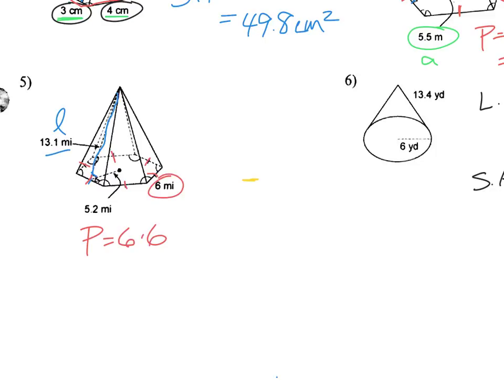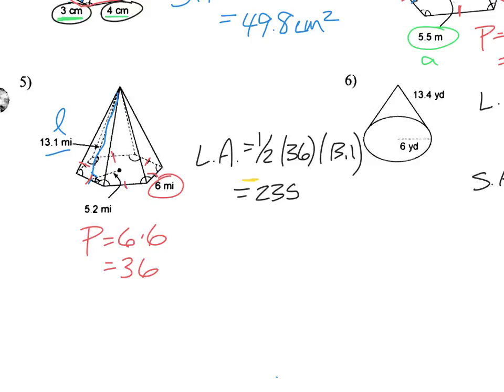So our perimeter here is 36. So lateral area is 1/2 perimeter times slant height. So I'm going to do that. That gives me 235.8 miles squared.